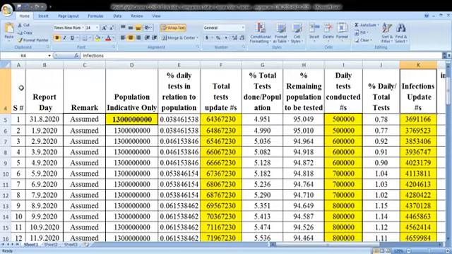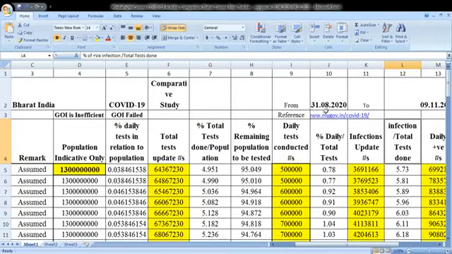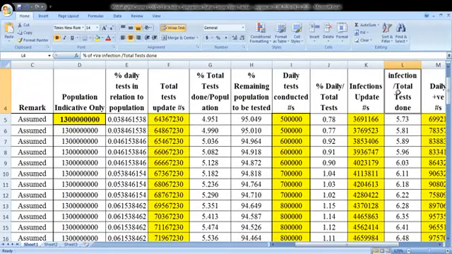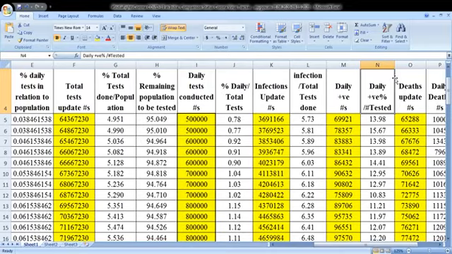Infection update. Infection divided by total tests done. Infection, I mean to say positive, that's called infection here. And daily positive numbers, and daily positive tested in percentages.